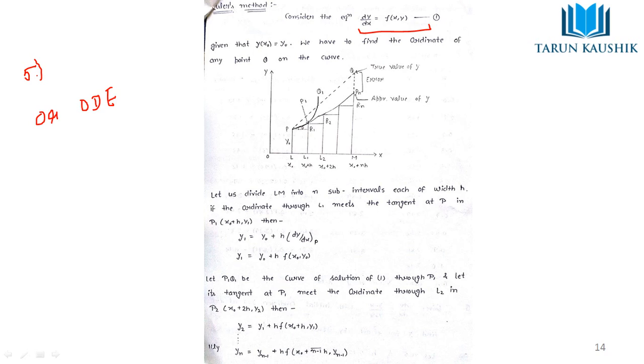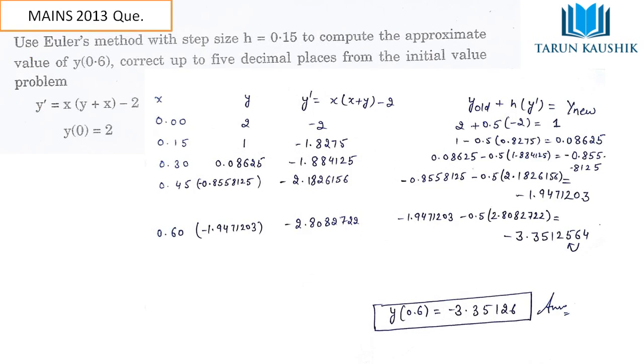I am assuming that this is a point x naught, and we do some increment h: x naught plus h, x naught plus 2h, up to x naught plus nh. I divided this into equal sub-intervals, each of width h. You do not need to read the theoretical portion.